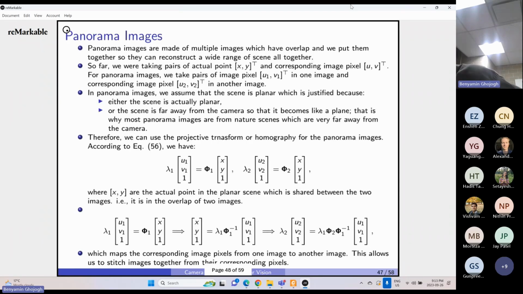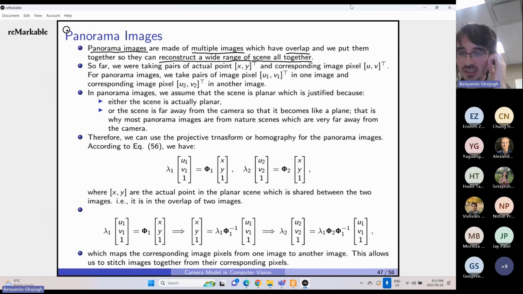So now panorama images, it is becoming cooler. Panorama images, what are they? They are made of multiple images which have overlap, and we put them together so they reconstruct a wide range of scene altogether. For example, you can Google it and see the desert with 360 degrees of view. You can go to all different parts of the desert and see all parts of the sky and the desert.